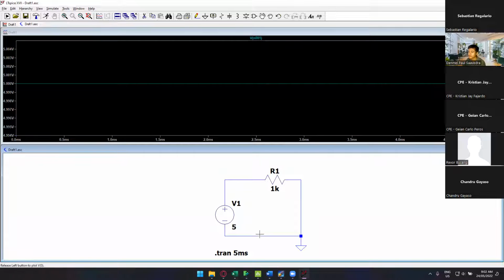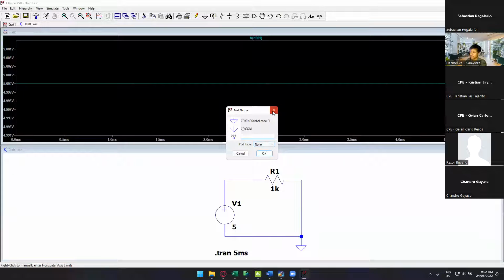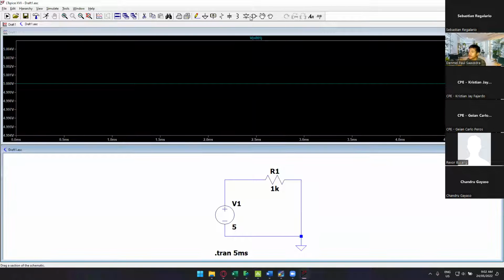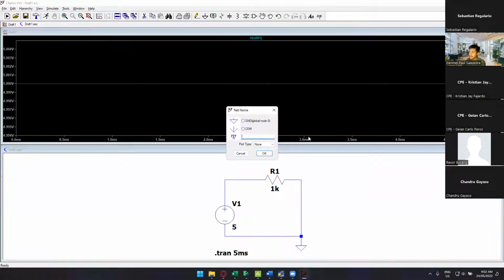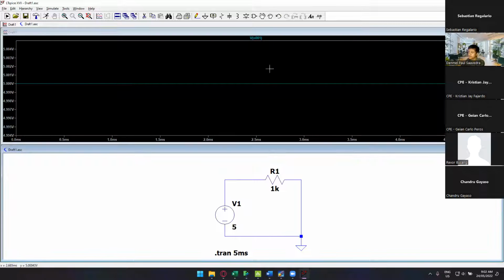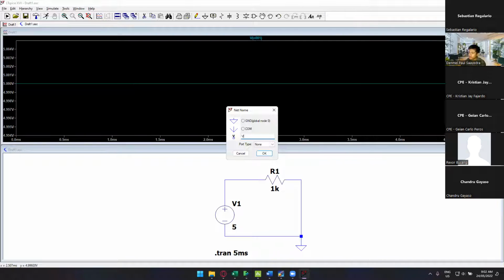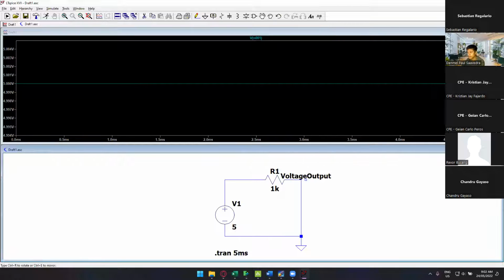Instead of having this VN001, you can actually put a label. Just click F4, or this one, label net. Let's say voltage output. It doesn't want to have a space.